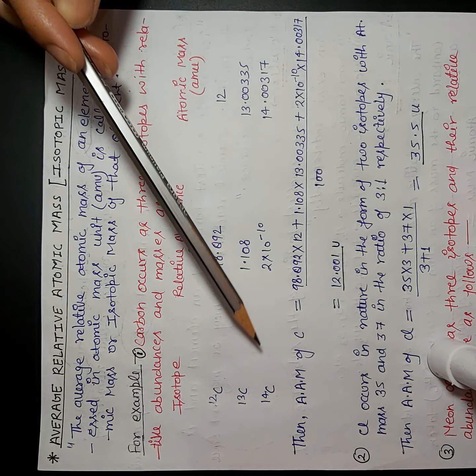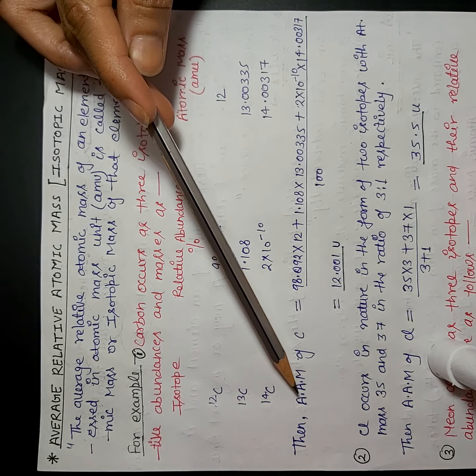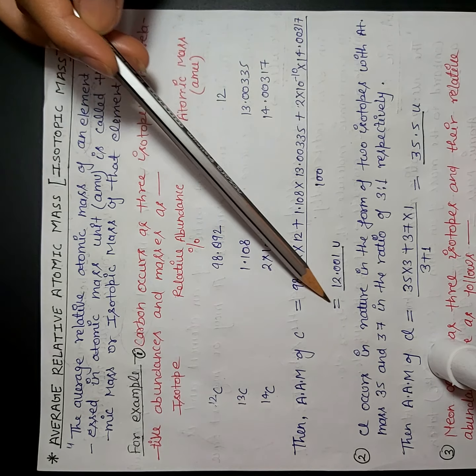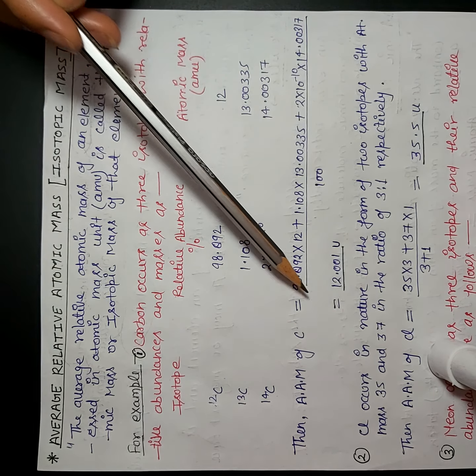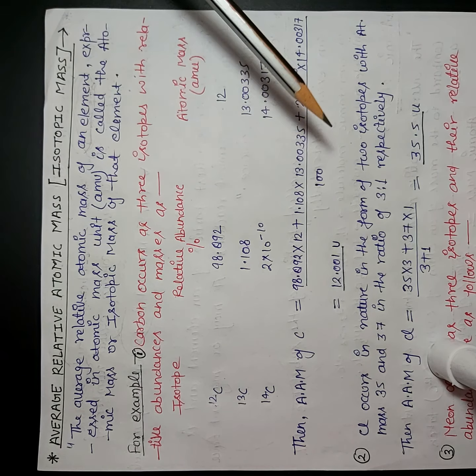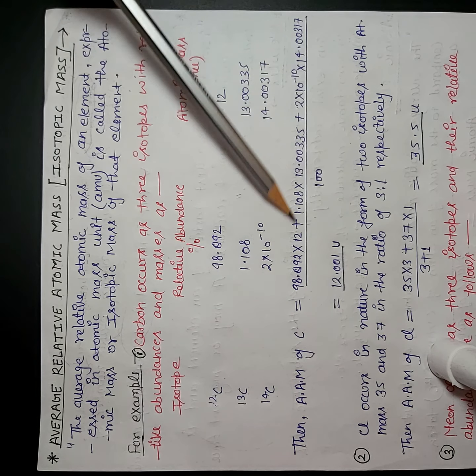So we should know the formula. Average atomic mass of carbon, when the relative abundances are given in percentage, we will apply this formula.